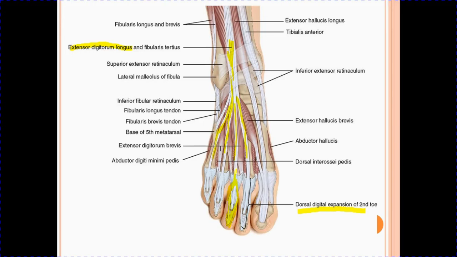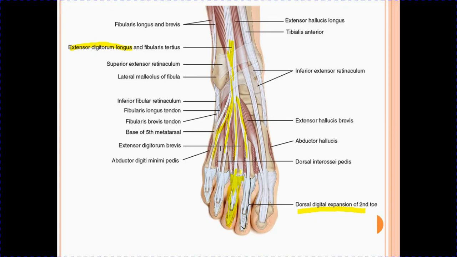It is a triangular aponeurosis formed by the tendon of extensor digitorum longus. So first it split into 4 tendons, then it formed a triangular aponeurosis. This triangular aponeurosis is what we call the dorsal digital expansion.